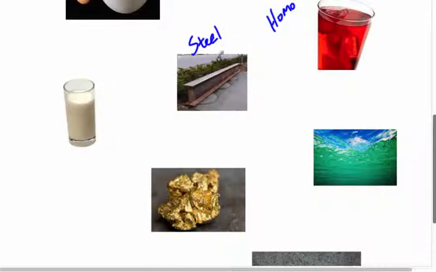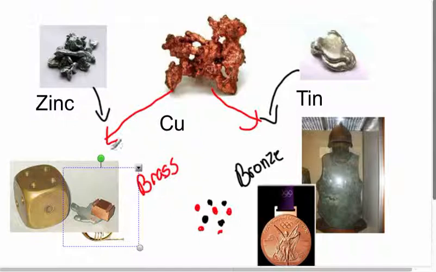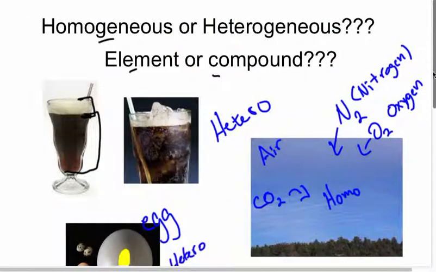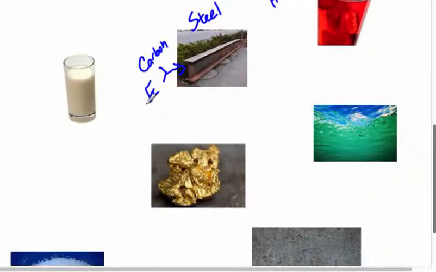Okay, the next one, steel. You might not know this, but steel has a little bit of carbon mixed in with iron. You can see some of the iron rusting in this picture. So these two combine, it's like the page before. We combine two elements, we just mix them. That's what they do with this. Our steel, they just mix the carbon and iron. So this looks the same throughout.